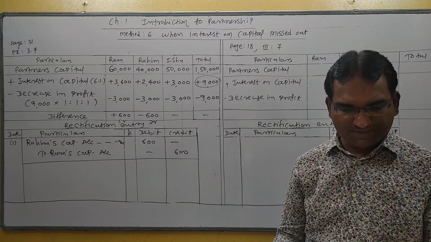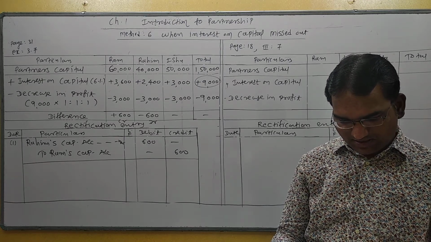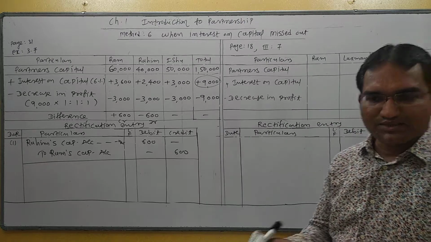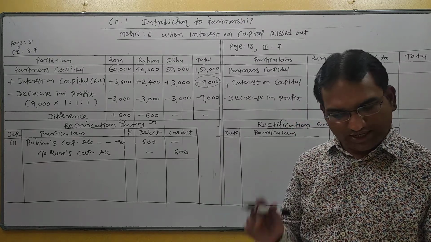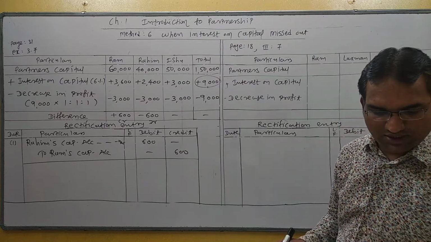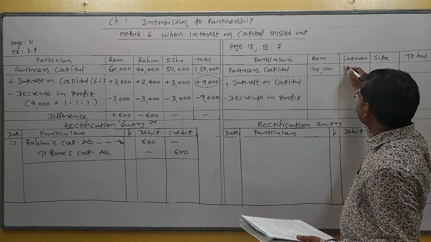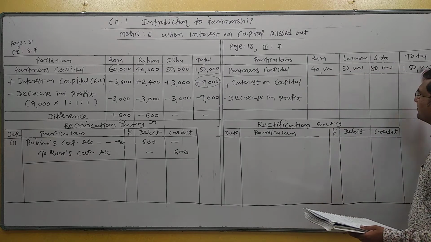Are you getting 18? Okay, this is page number 18. Here 3 partners are given: Ram, Lakshman, Sita. Capital is given: 40,000, 30,000 and 80,000. Total capital 1,50,000.